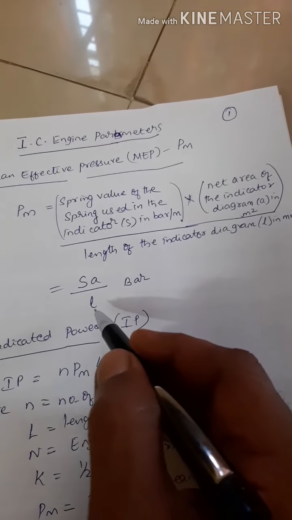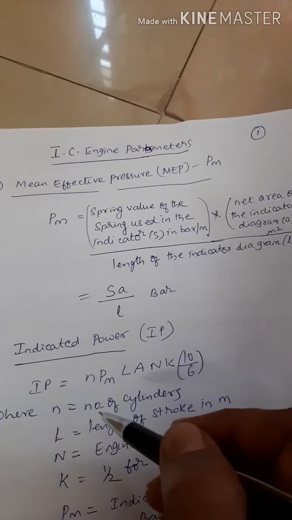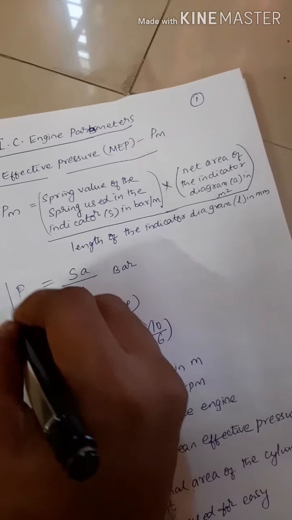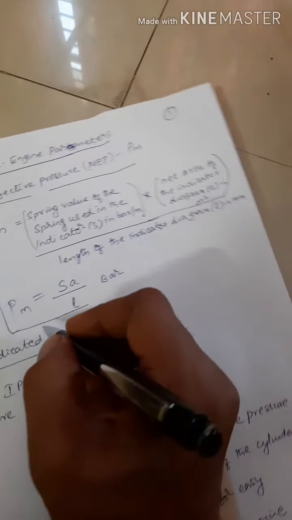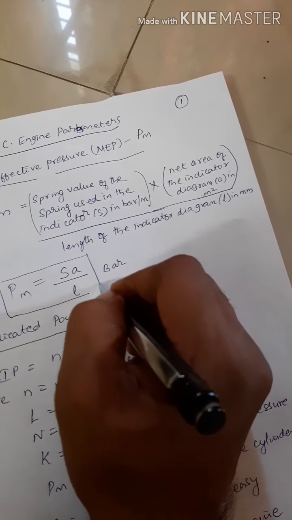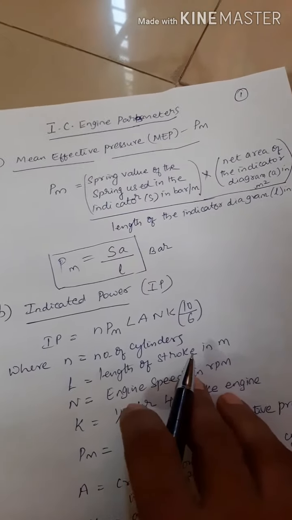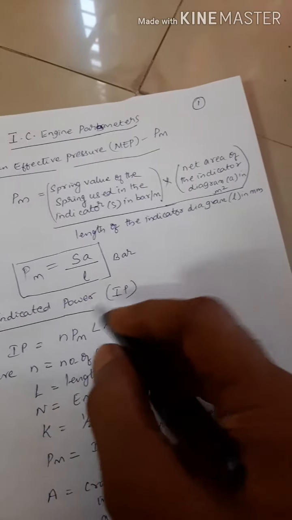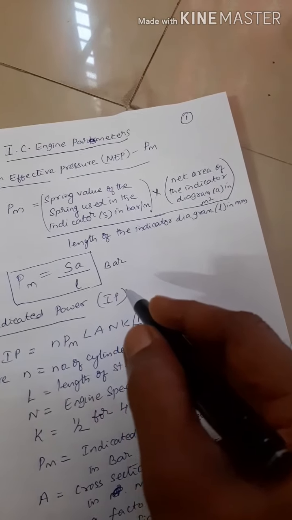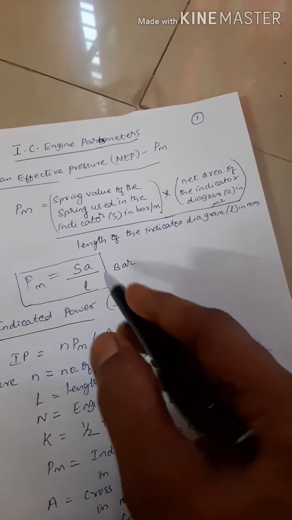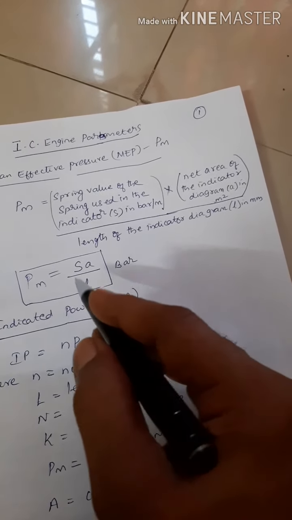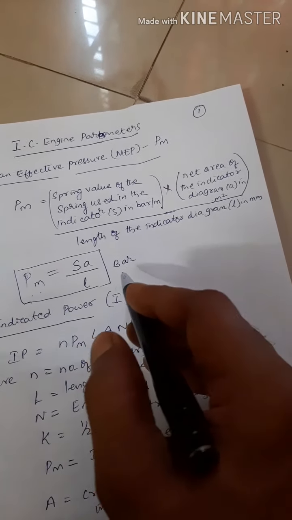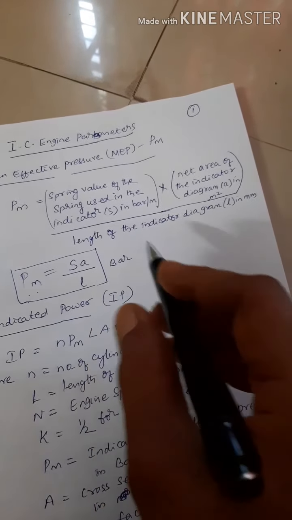So the mean effective pressure PM is equal to S into A by L, in bar. All these values will be given in the problem. Simply substitute all the values and find the mean effective pressure PM. The unit for PM is bar.